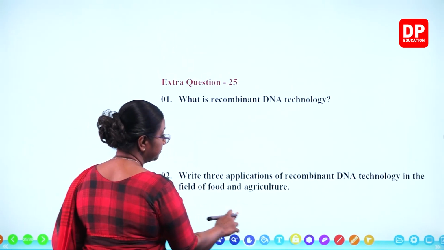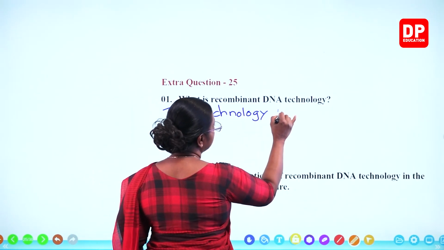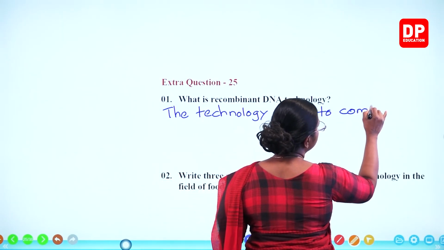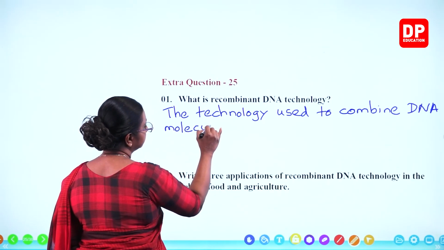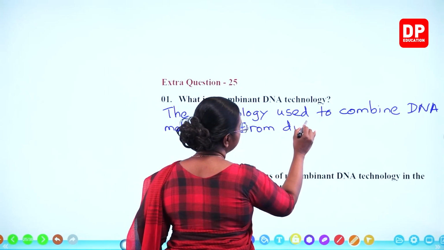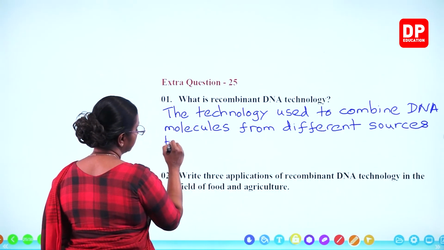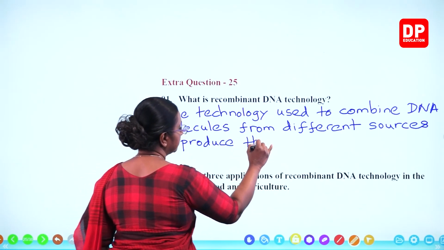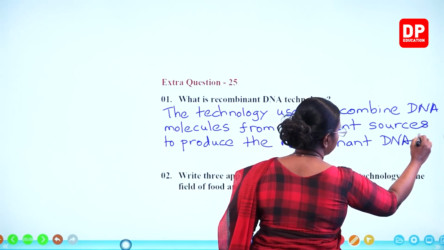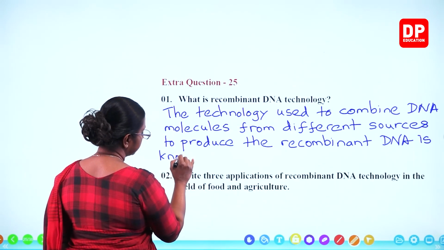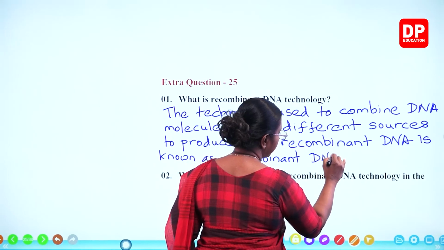So if we write the answer here, the technology used to combine DNA molecules from different sources to produce the recombinant DNA is known as recombinant DNA technology.